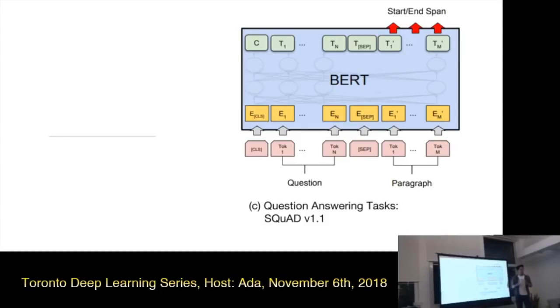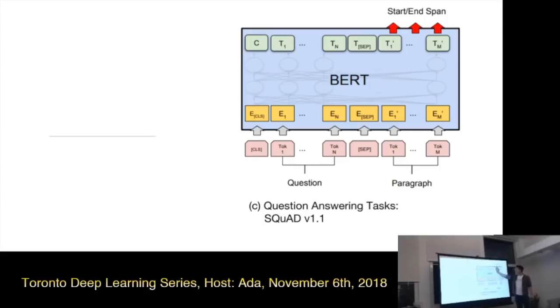Now, what does BERT have to learn? It has to learn exactly where in the paragraph the answer is. So it has to learn the start and the end. On top of the BERT model for SQuAD, only two new vectors need to be learned from scratch: a start vector and an end vector.